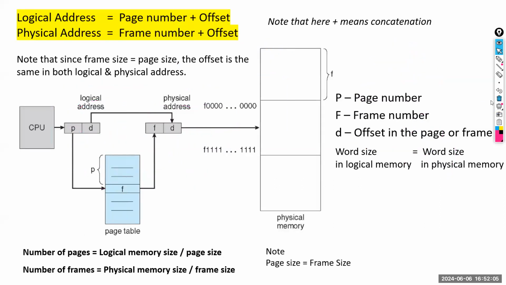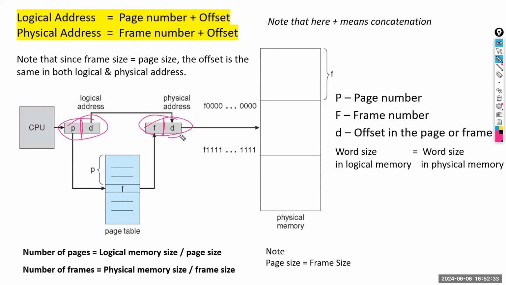Right, so this is how things are done in the big picture. You have the logical address, you need to calculate the physical address, and you must know the separation: how many bits are for the page number, how many bits are for the offset in the logical address, and how many bits are for the frame number and the offset in the physical address.